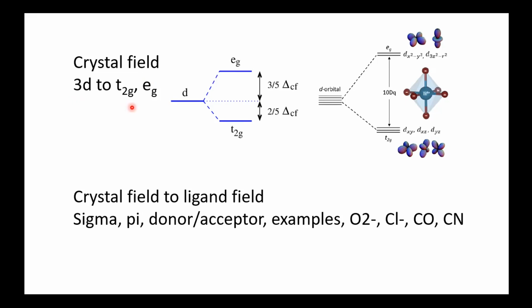So in an octahedral case, the 3d splits into the t2g and eg. This is a typical description of how the 3d electron orbitals split. So we have 5 3d orbitals in the beginning. Now we split into 3 t2g and 2 eg. And also roughly we can estimate the energy decrease and increase associated with such kind of splitting.